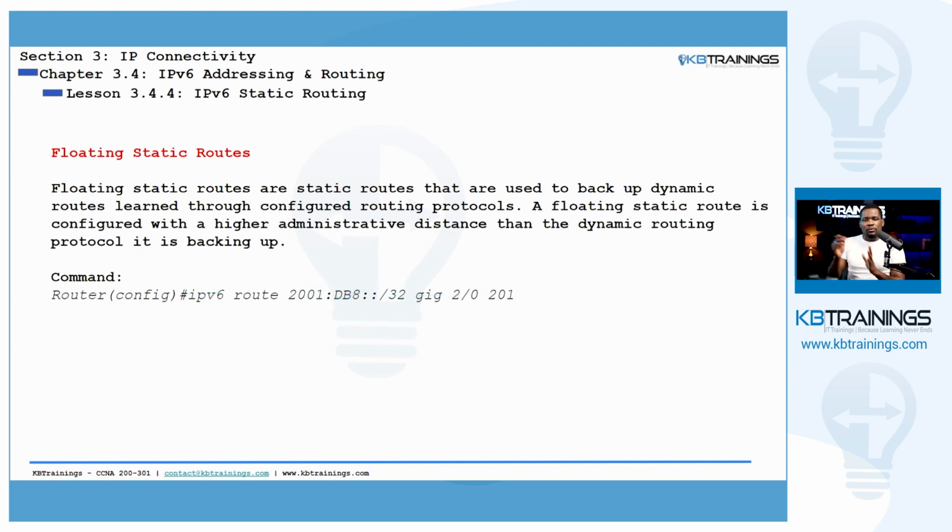First of all, I need to remind you of a notion that we saw with IPv4, which is administrative distance. What is an administrative distance? It's a number that is given to a route depending on how we learned the route. For every dynamic routing protocol, there is an administrative distance attached. For OSPF, for example, it is 110.